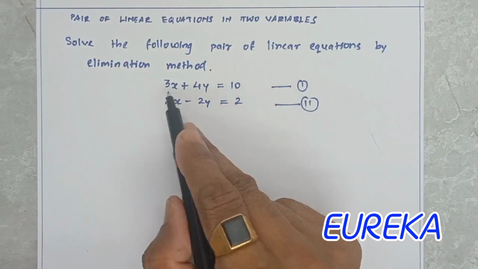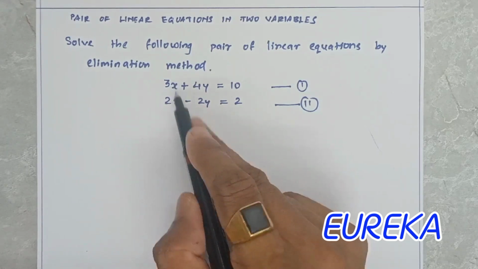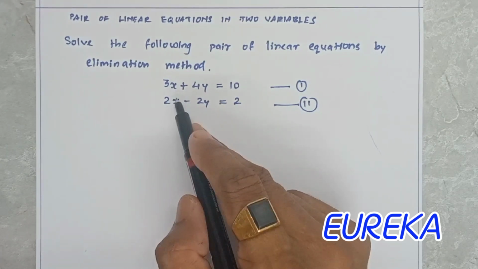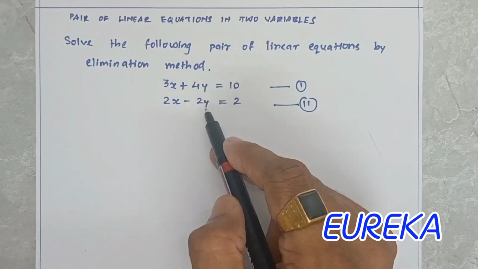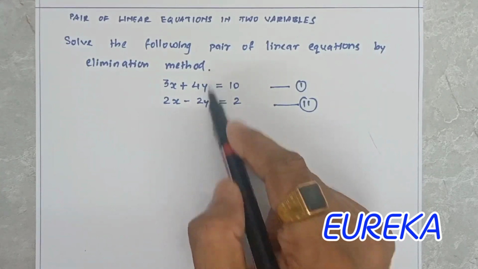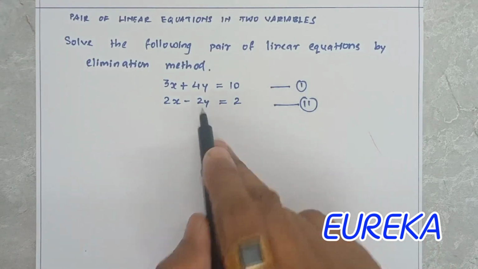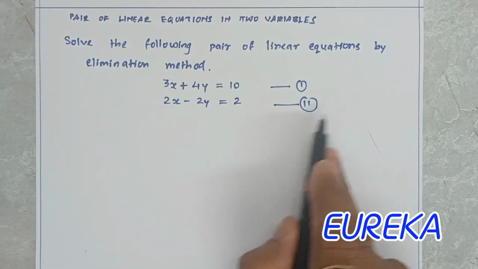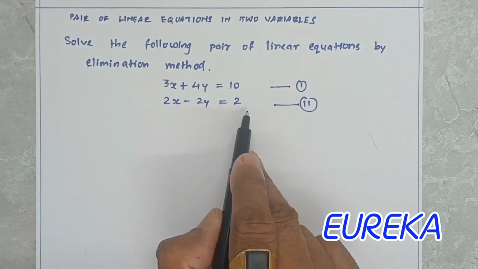For example, for 3x and 2x, if we take the LCM, it is 6, but if we take 4 and 2, the LCM is 4, which is easier. So we multiply equation 2 by 2, and we get 4x minus 4y equals 4.